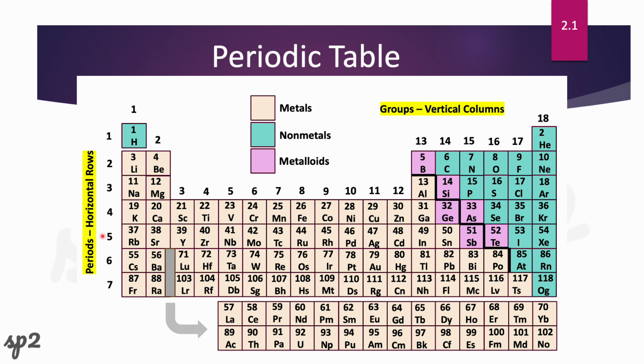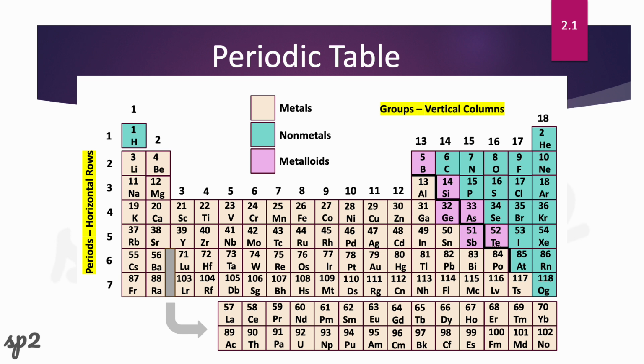The fourth and the fifth periods contain 18 elements. And the last two, periods 6 and 7, have 32 elements each. But in order to fit on a page, 14 of these elements from each period appear at the bottom of the table.